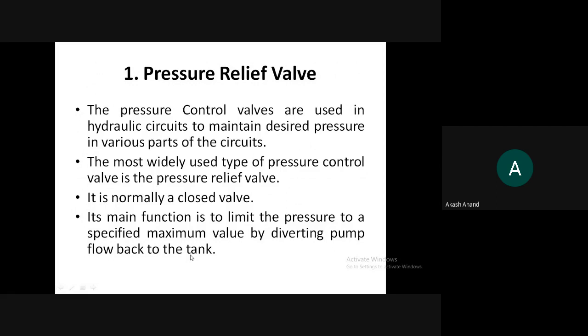The pump is a high pressure region and the tank is a low pressure region. So the flow is diverted from the high pressure region to the low pressure region to decrease the working pressure. That is the basic principle of a pressure relief valve.